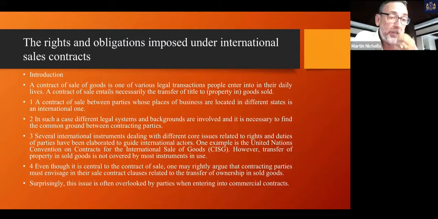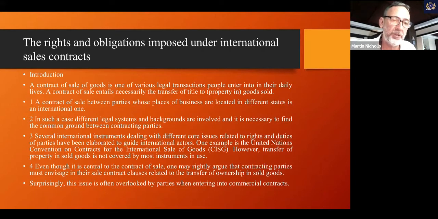Several international instruments dealing with different core issues related to rights and duties of parties have been elaborated to guide international trade. So there have been lots of different ones; I mentioned the CISG, and there are lots of things like that. We might see that in a video in a little while if we get time. However, the other thing to bear in mind is a lot of these instruments don't actually cover the transfer of property.